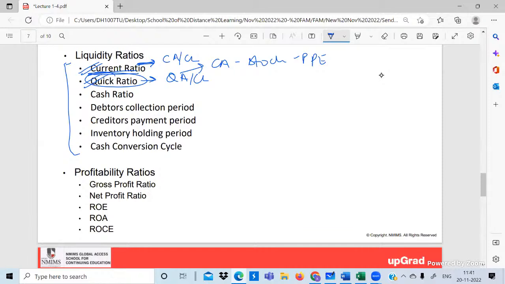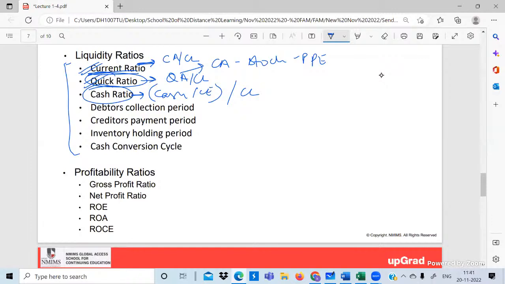Okay, then let's look at cash ratio. When I'm looking at cash ratio, I'm being even much more stringent than the quick ratio. In the numerator, I'll just take cash and cash equivalents and divide that by the current liabilities. So take only those assets which are extremely liquid, like cash, or like cash.